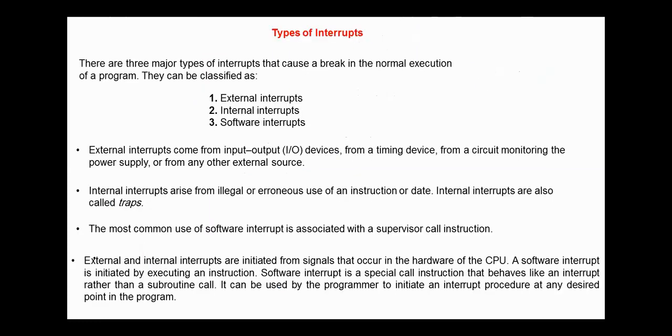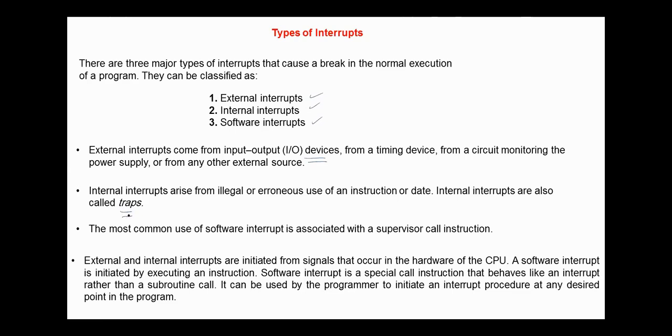There are three major types of interrupts that cause a break in the normal execution of the program: external interrupts, internal interrupts, and software interrupts. External interrupts come from input-output devices, a timing device, from a circuit monitoring the power supply, or from any other external source. Internal interrupts arise from illegal or erroneous use of the instruction or data, and they are called traps.